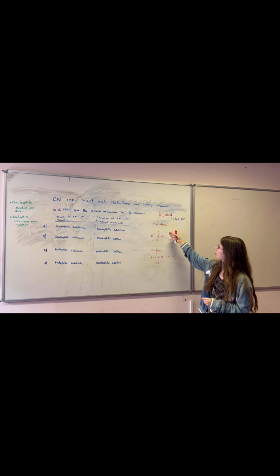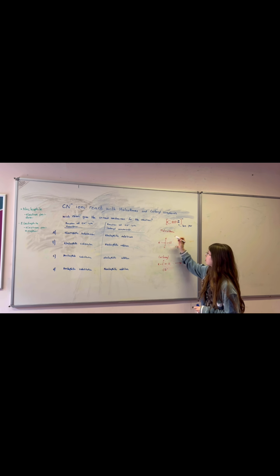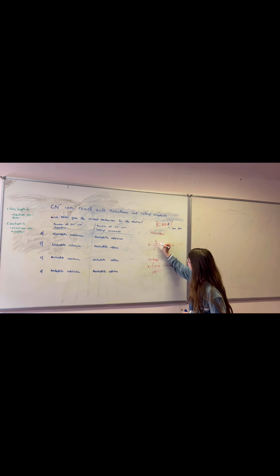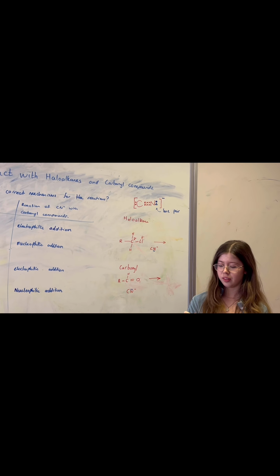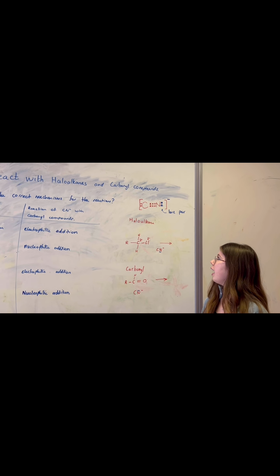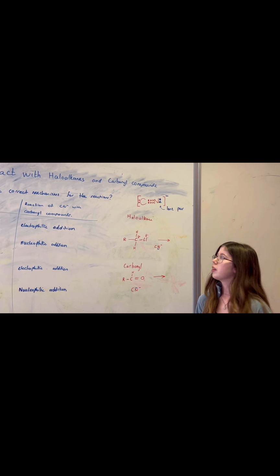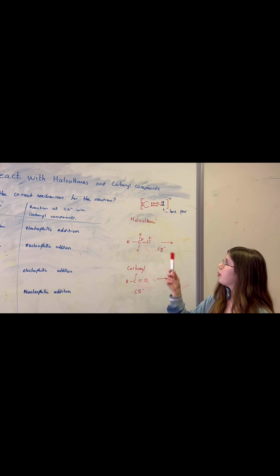Here we've got our haloalkane. So to start, let's just draw on the deltas. So we've got a delta positive on the carbon and the delta negative on whichever halogen we've got, so here it's chlorine. And when we're thinking about this, we've got to remember that the cyanide ion has a lone pair.